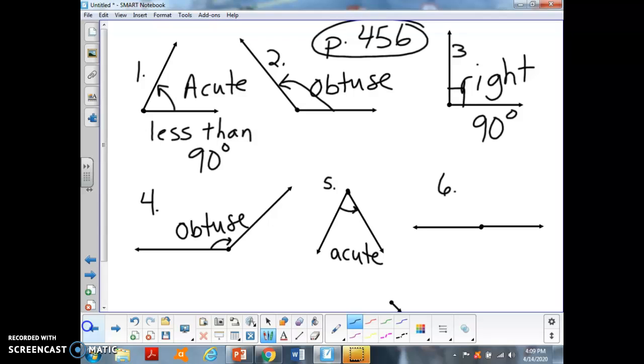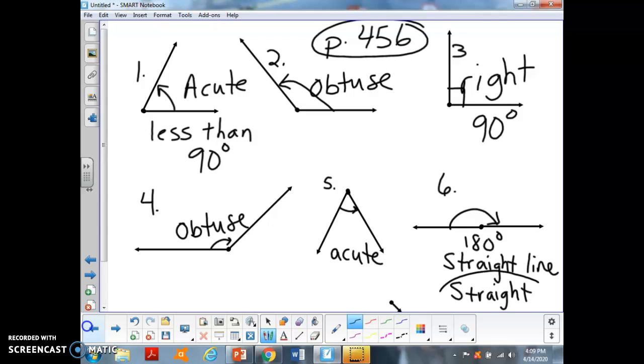Number 6, hey, this is a different looking one. It's straight across. It's actually 180 degrees. It's a straight line. So it's a straight angle. That one we hadn't heard before. But it has a straight angle, straight across.